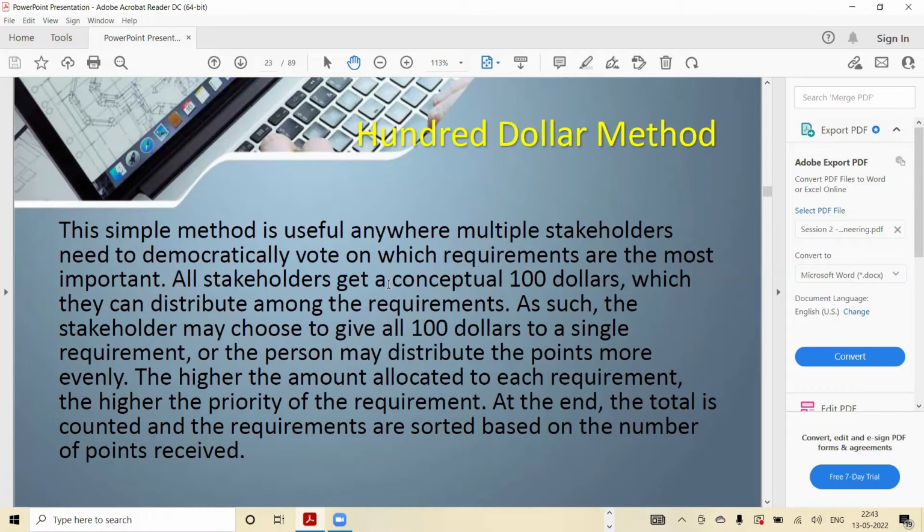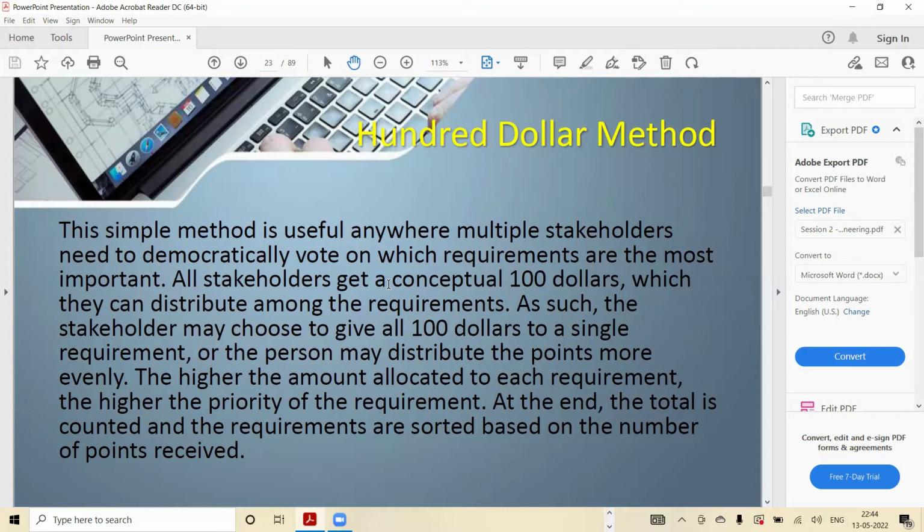They say, you have 20 requirements and you have got $100. Now you start putting your bet on each of these, and it is purely based on what they think. So if for me requirement one is, let's say, 50% more important than the rest, I'll put $50 on requirement one. The one that has the highest priority will have the highest value, and the lowest will have the lowest.